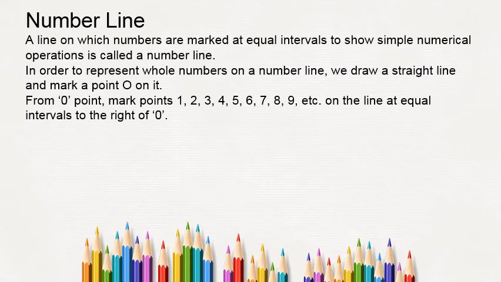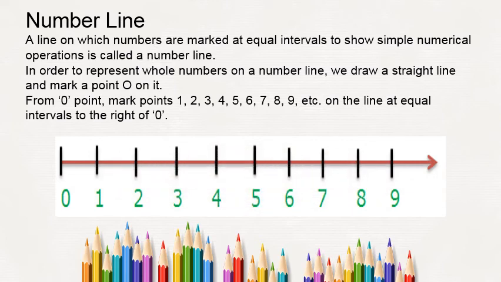From point 0, mark options 1, 2, etc. So it's going to look like this. This is a number line. So it is equal parts between 0 and 1, and the same part between 1 and 2, and then you carry on.